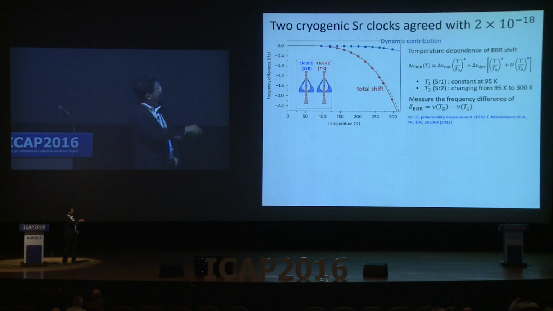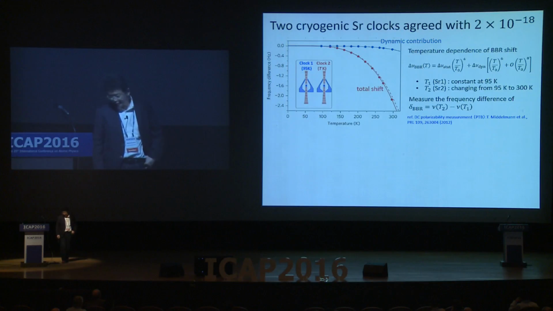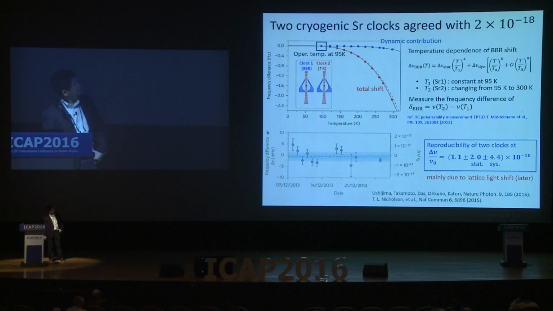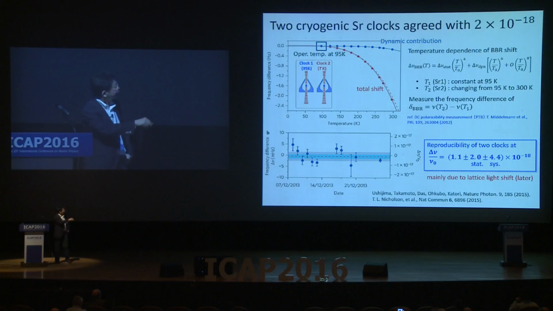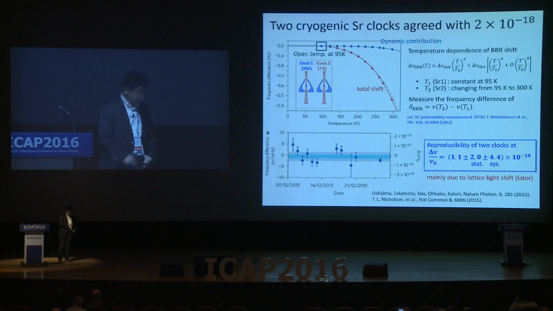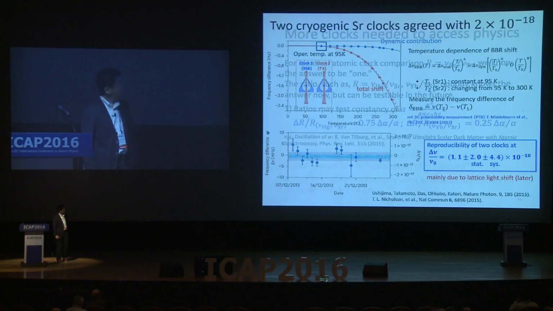By changing the temperature from 100 K to 300 K, we measured the beautiful T to the 4 dependence. And by operating the 2 clocks at 95 K, we have very good agreement between the 2 clocks, which agree to 1 times 10 to the minus 18. So we have a good reference to measure something else.